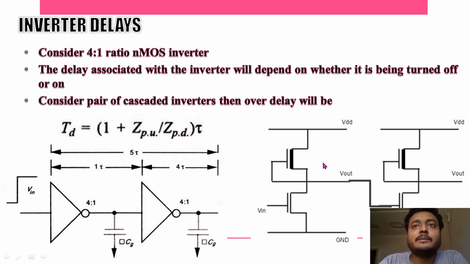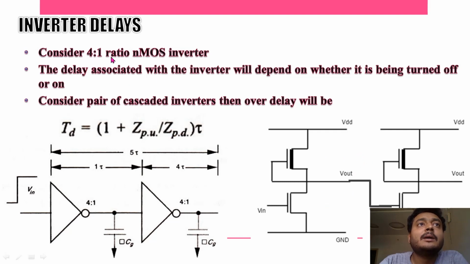This inverter may be something like 8 is to 2 or 4 is to 1, and this may be 1 is to 1. So Z pull-up is 4 is to 1 and Z pull-down is 1 is to 1. Essentially your Z pull-up divided by pull-down will be 4 by 1.